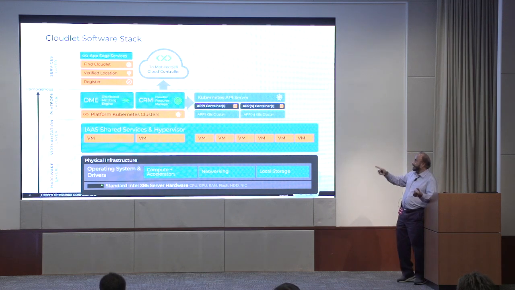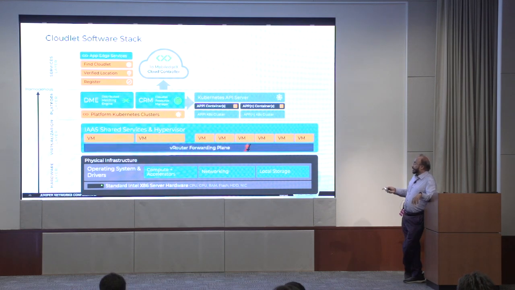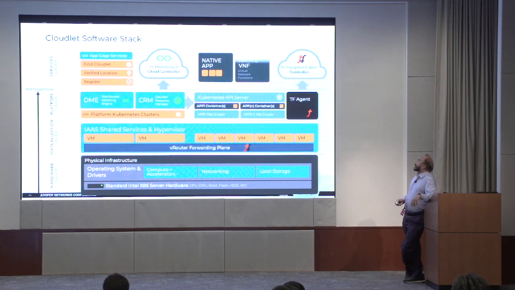Based upon that, the Cloudlet Resource Manager launches the workloads depending upon the need and the load, and Tungsten Fabric manages the vRouter forwarding plane. It's integrated with the Tungsten Fabric agent, which I talked about earlier, and the Tungsten Fabric controller.